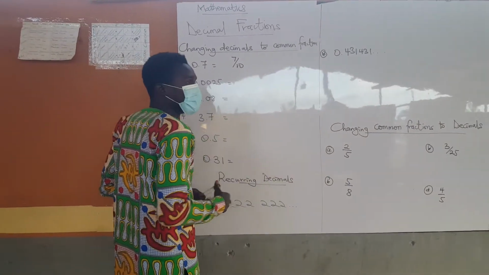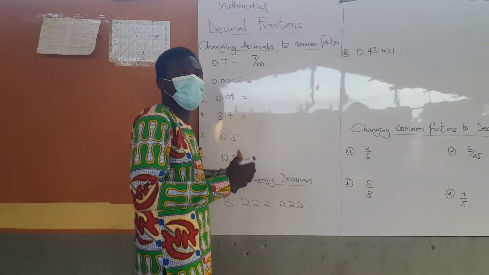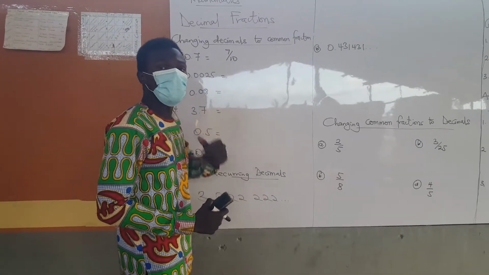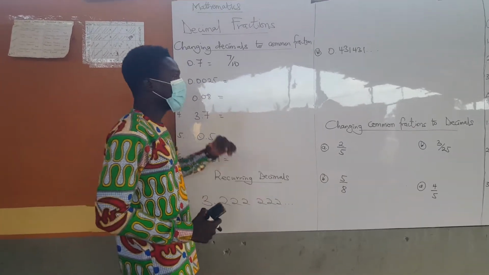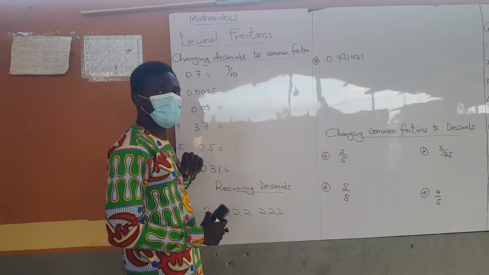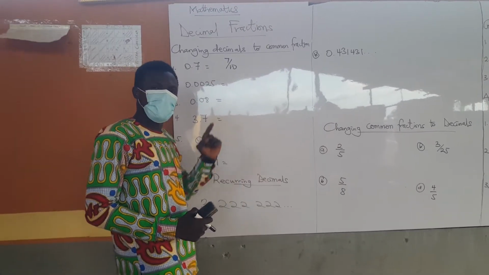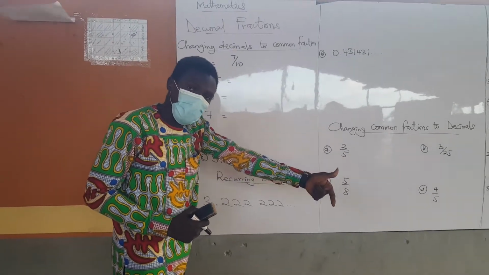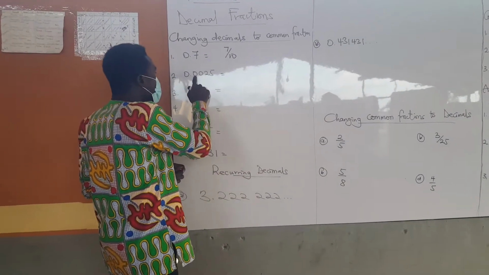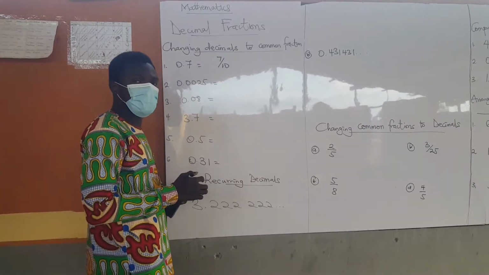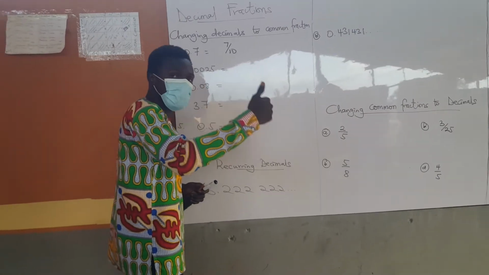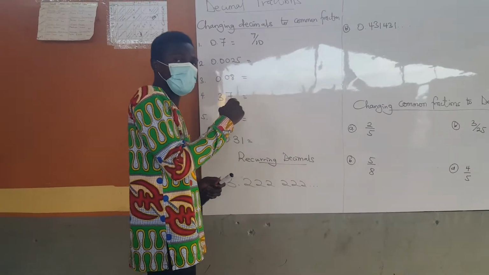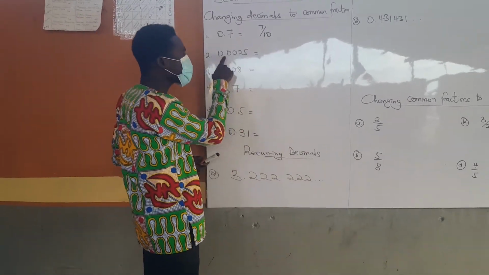0.0025. Now how can I change this into a common fraction? Sorry, it is already a decimal. So how can I change it into common fraction? To change this into common fraction, we are going to count the numbers after the decimal point. So there are 1, 2, 3, 4, four numbers. So we are going to consider the place values of these decimals.